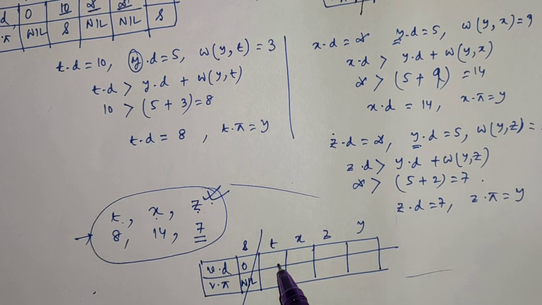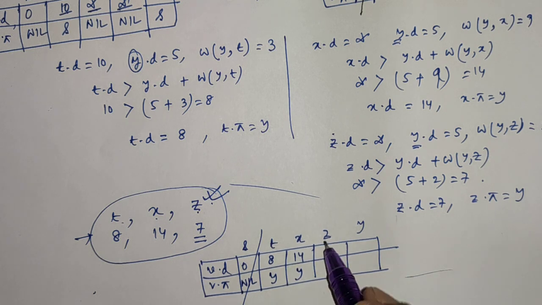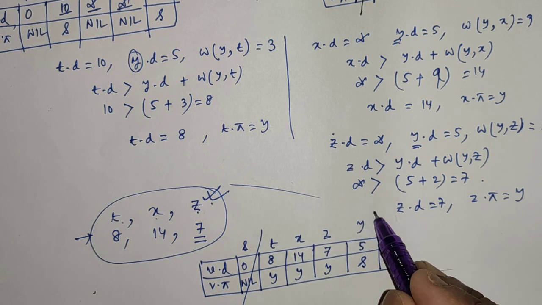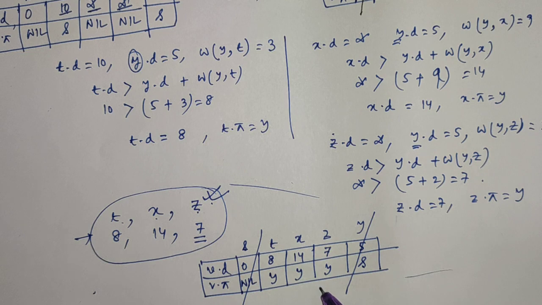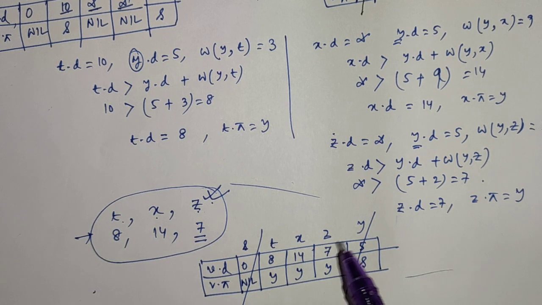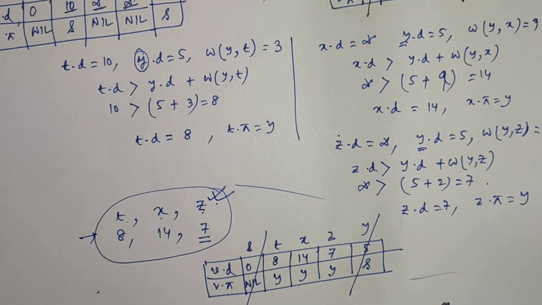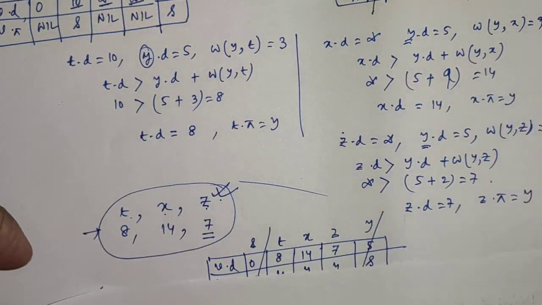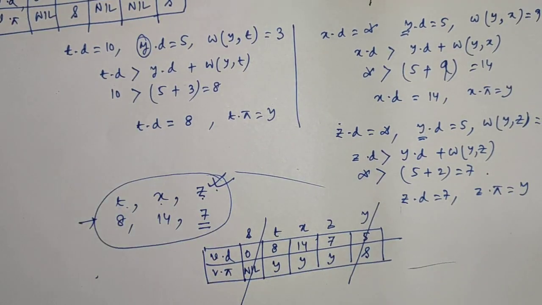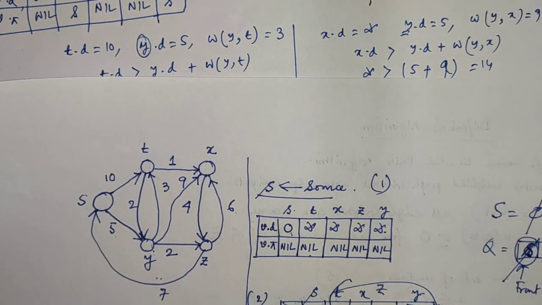It is done. t was updated as 8 and y, x was updated as 14 and y, z was updated as 7 and y, y was 5 and s. It is done. So now your task is to explore z. Okay, take the graph and go for the further process.